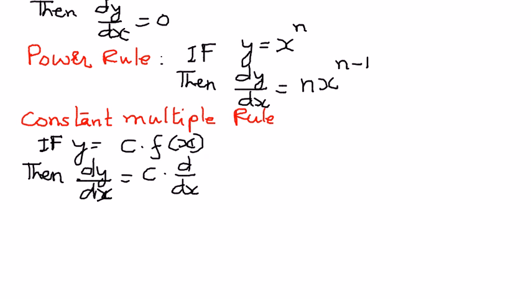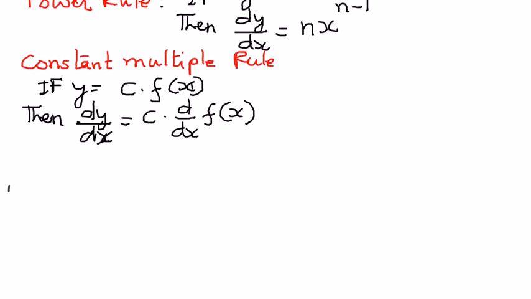We can pull the constant outside of the derivative of the function and write it in this manner. If y is equal to c times f of x, the derivative of that is going to be equal to c times d by dx of f of x. The derivative of a constant times a function is the constant times the derivative of the function. That's the way we want to read it.